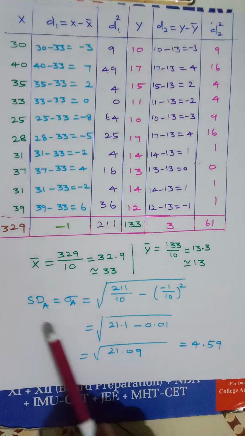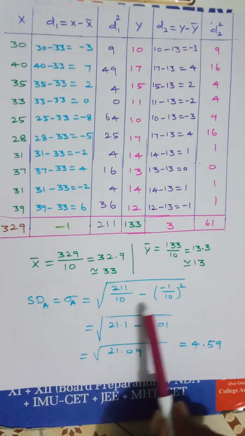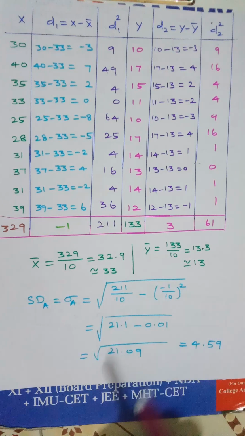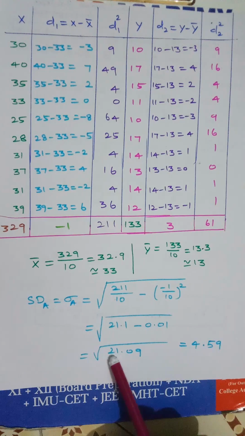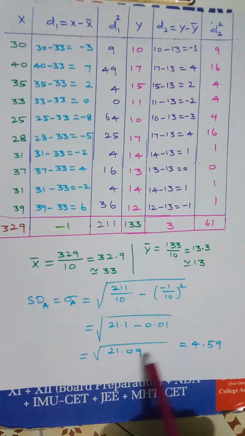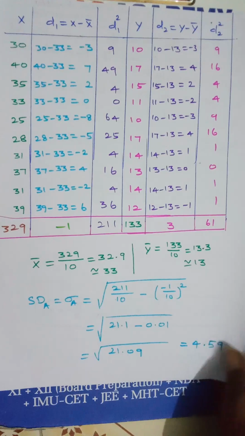Now we move to find the standard deviation for A. Square root of 211 by 10 minus 1 by 10 the whole square. So this is 21.1 minus 0.01, it will be 21.09. Taking the square root, it will be 4.59, the first standard deviation.